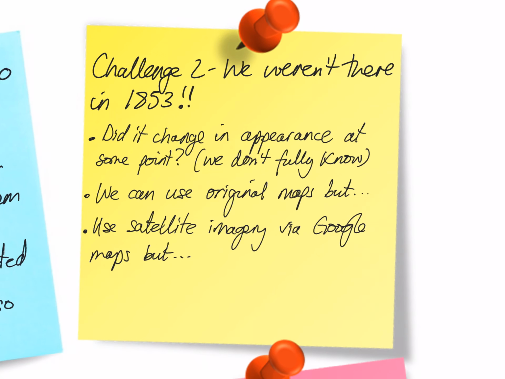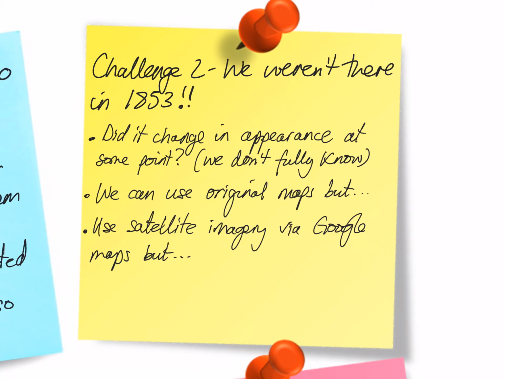We weren't actually there in 1853. It's important we use that date because it shows we have knowledge of when it was first built. And we need to consider the question, did it actually change in appearance at some point from when it was first built? We don't fully know that. What we can use to give us some ideas, and we know that there are original maps, and that shows the original layout.